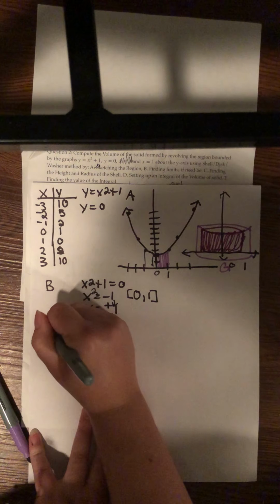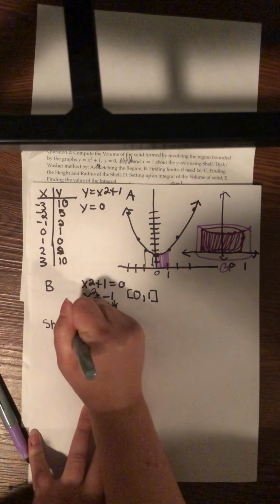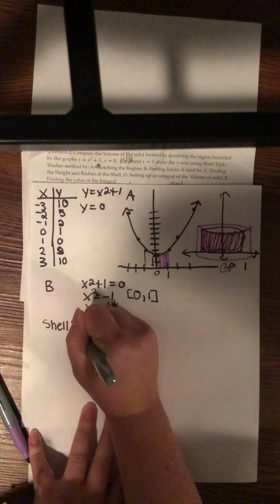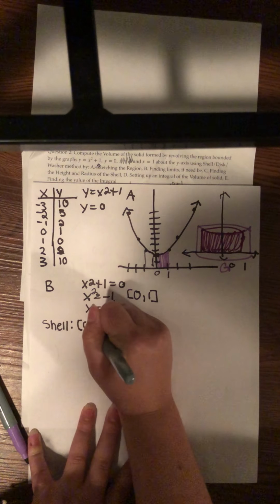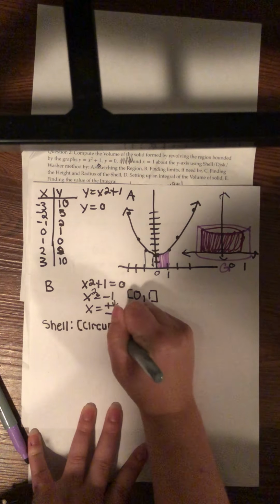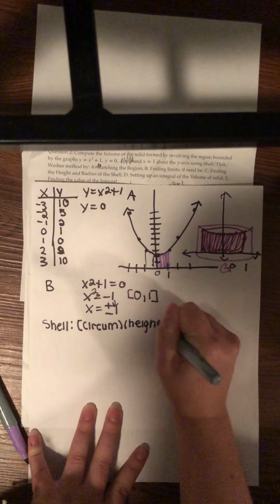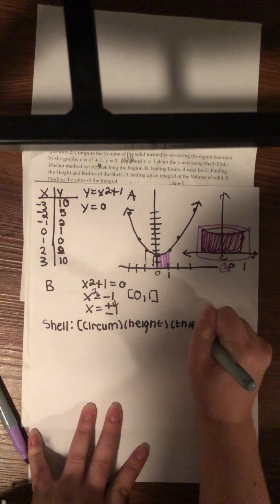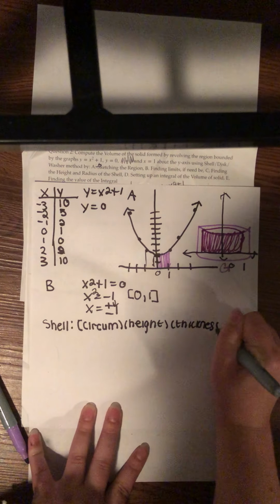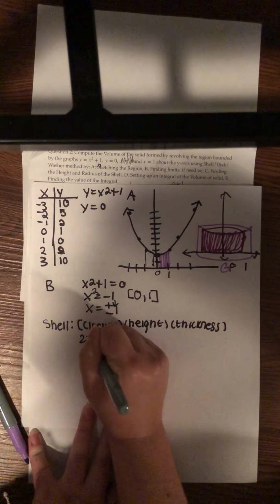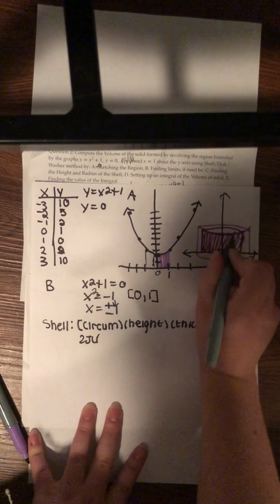Now we're ready to use the shell method to find it. So the shell method, when we're calculating the volume, we know it's the circumference, because we're using the cylinder, times the height, times the thickness. Now, the circumference will equal 2 pi r, because you see it's a circle.